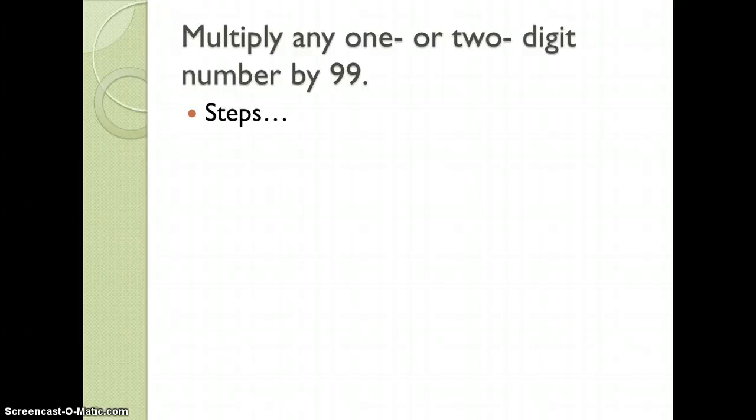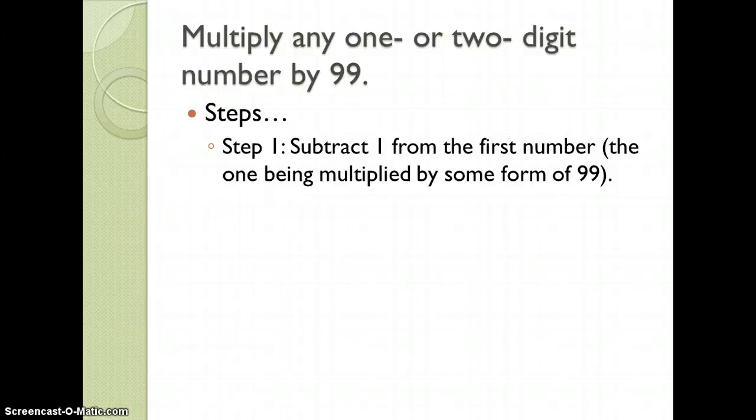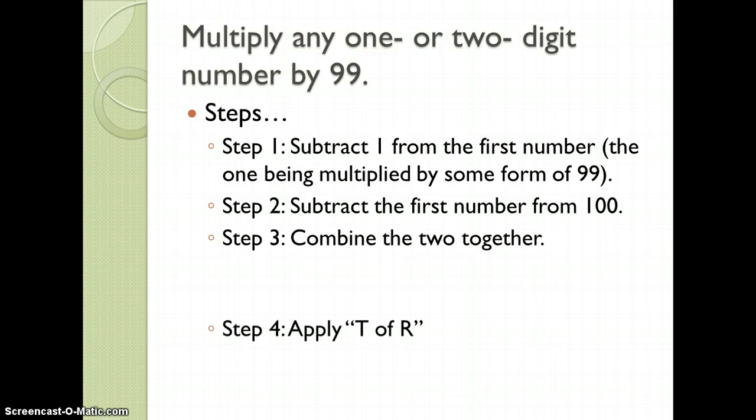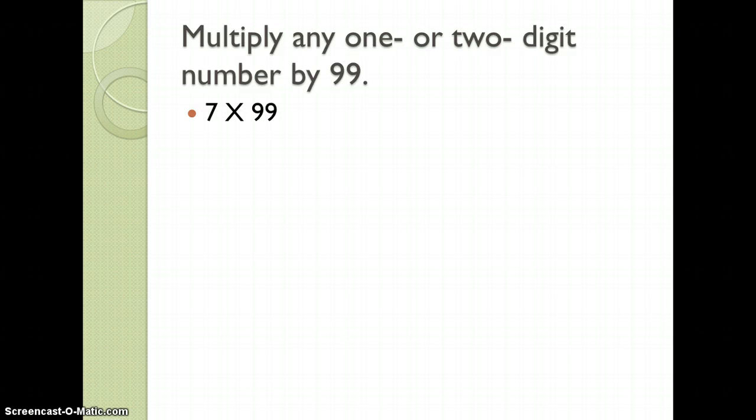To multiply any 1 or 2-digit number by 99, our first step is to subtract 1 from the first number, which is the number that's being multiplied by some form of 99. Step 2 is to subtract the first number from 100 and combine to squeeze the two together. For example, we have 7 times 99. Our first step is to subtract 1 from 7, so 7 minus 1 is 6.